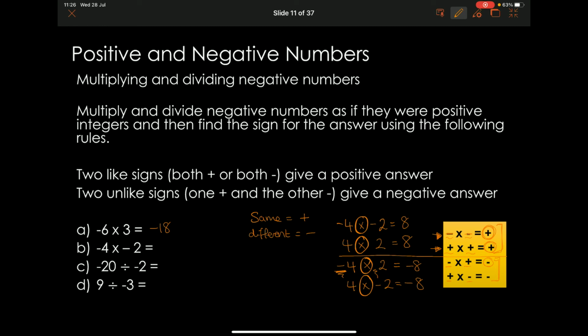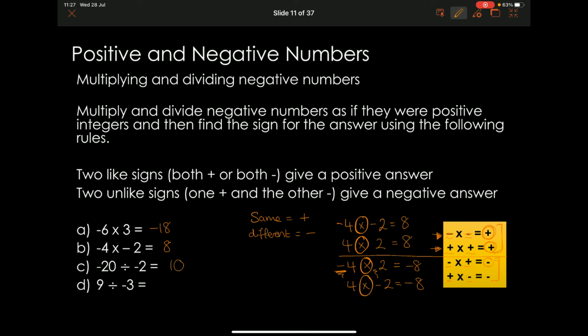For question B, you've got -4 times -2. Okay, the signs are the same here. You've got a -4 and a -2. 4 times 2 is 8. And because the signs are the same, it's a positive answer. So we just leave it as 8. For question C, you've got a -20 divided by a -2. The signs are the same. 20 divided by 2 is 10.